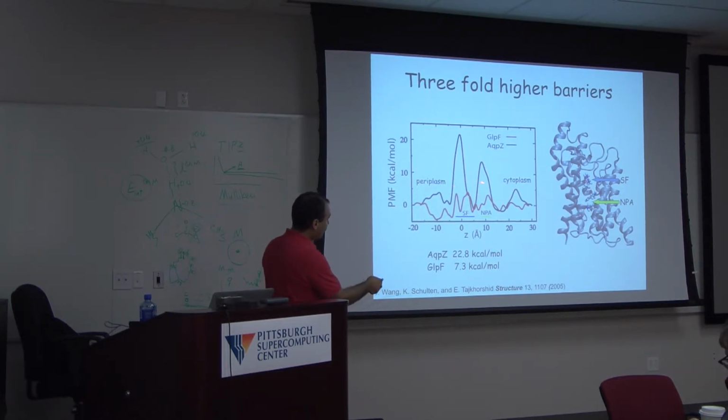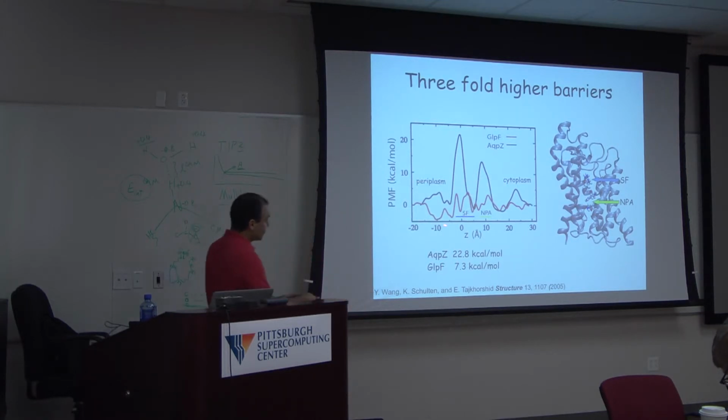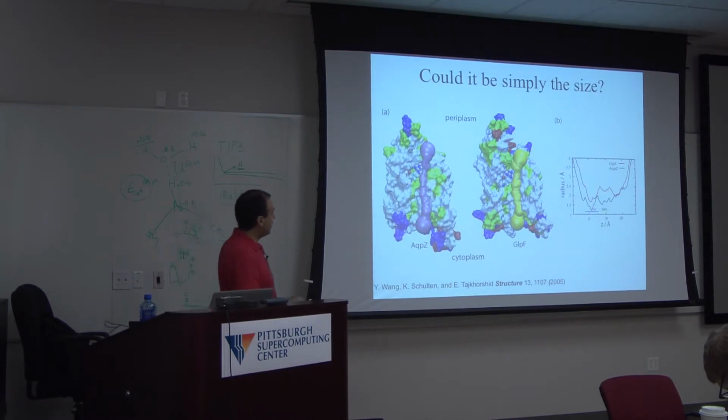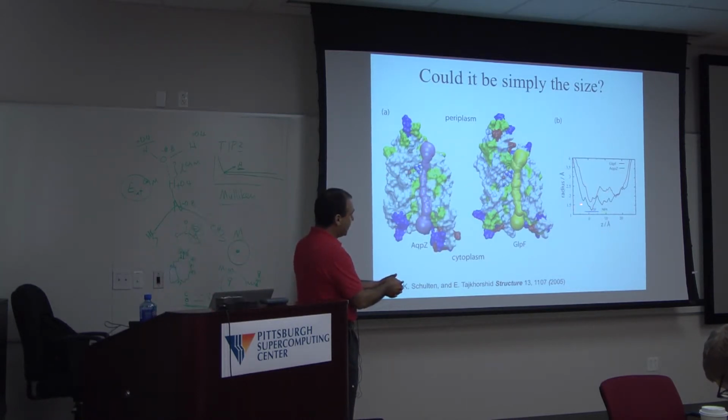And when you look at these spots, you realize that essentially the size of the system, which was a very simple explanation, is too small to allow glycerol to go through it.